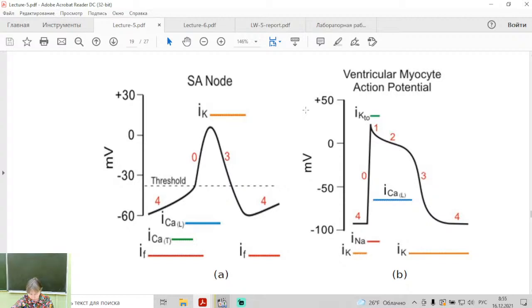This is followed by phase 3 repolarization, when the cell is completely repolarized at about minus 60 millivolts. So look at here, repolarization, and here, threshold.